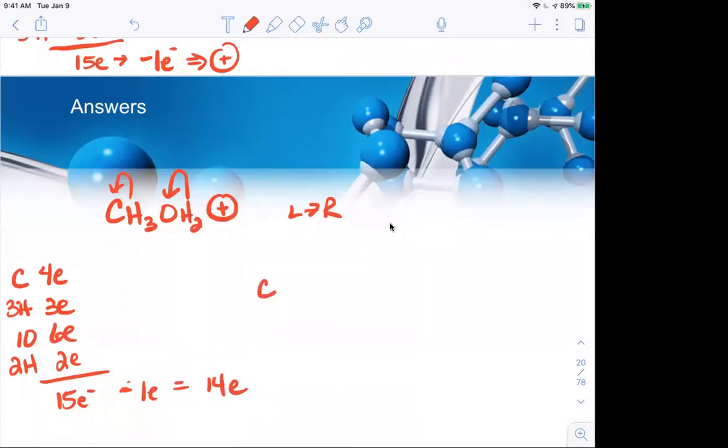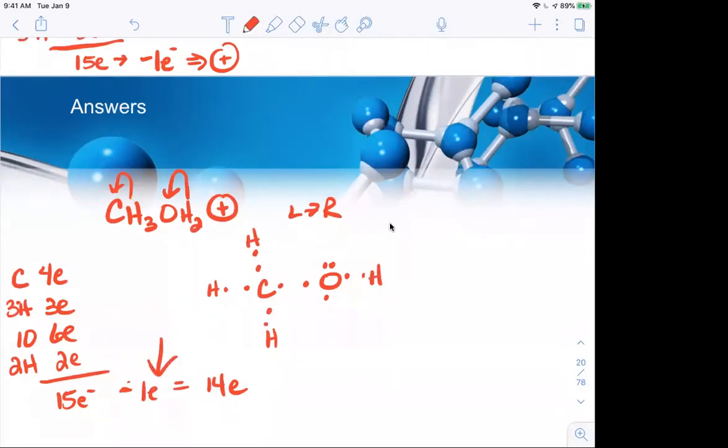So my carbon, I'm going to do this one, connect the dots. My oxygen, I'm going to now have hydrogen, hydrogen, hydrogen. Now here's the thing. I am going to go ahead and take away that electron because I wanted to remove an electron because of the charge.